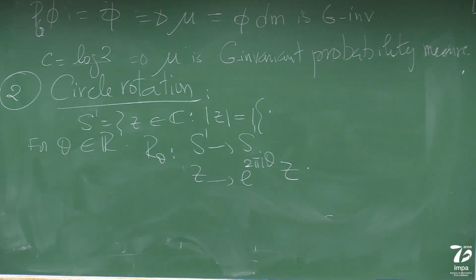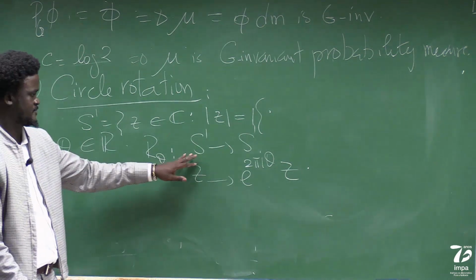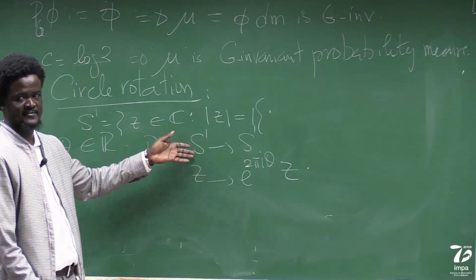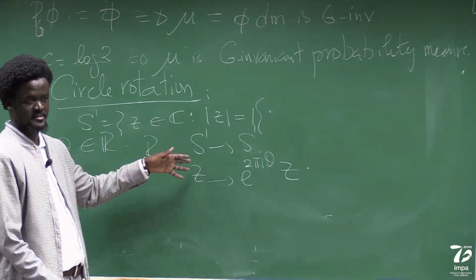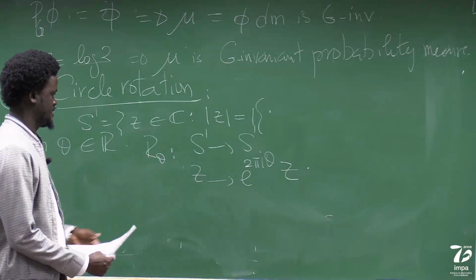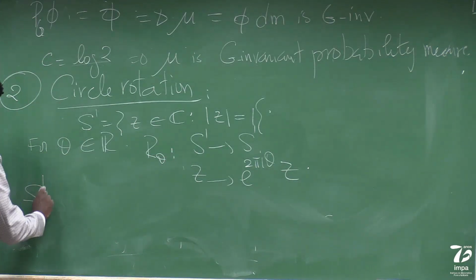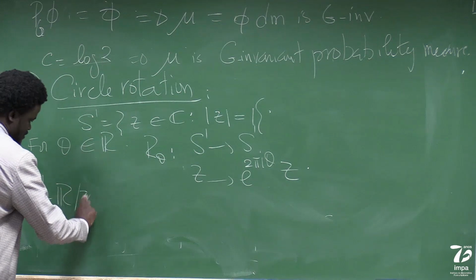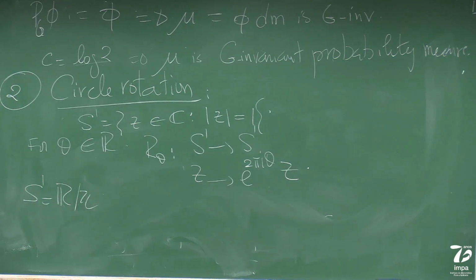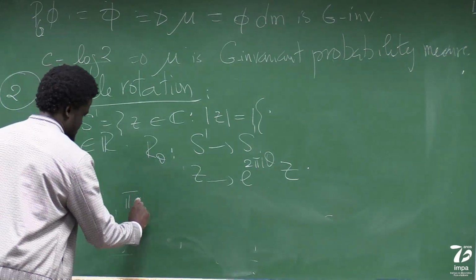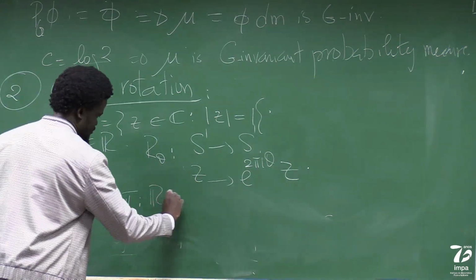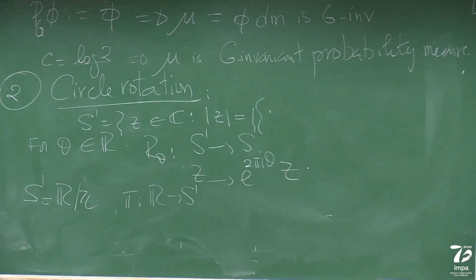Actually, I kept talking about Lebesgue measure here without saying how it is defined on the circle. You can define S1 as R modulo Z, so you have the projection P defined from R to S1 by taking any number mod 1. This is how the projection is defined.